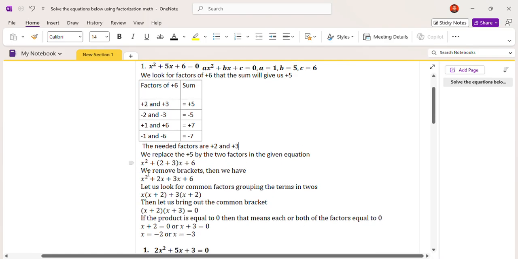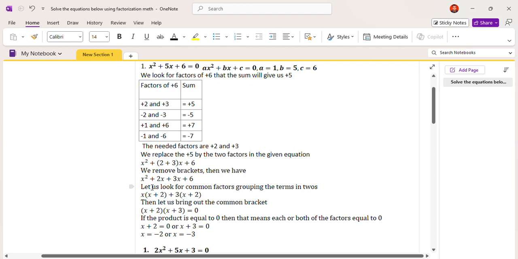When we remove brackets, we have x squared plus 2x plus 3x plus 6. Now let's look for common factors, grouping the terms in twos. We have an expression with 4 terms, so we group them in twos and look for common factors.